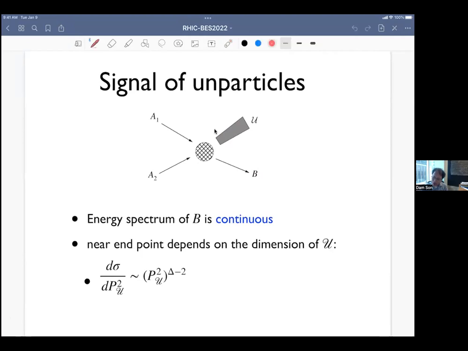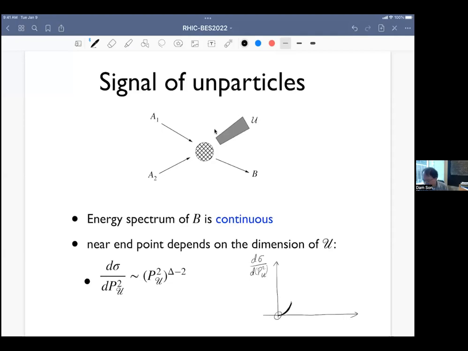One can do a calculation using the rules of conformal field theory and show that if we plot the differential cross-section, d sigma over, say, the invariant mass of this U object, we find that this would be something that has a power law threshold behavior when this invariant mass is 0.